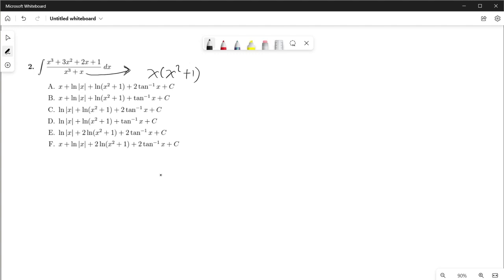So I would say the best approach would be partial fractions, as you have 2 parts, and this part would be a non-factorable higher power. But before we do that, if you notice that the denominator power is cubed and also the numerator power is cubed, that means we can use long division to simplify the numerator a little bit.